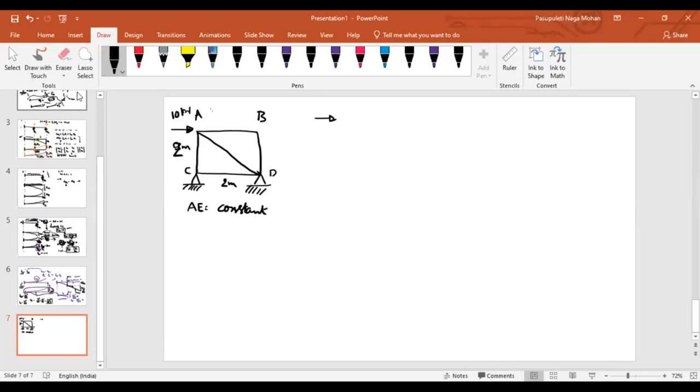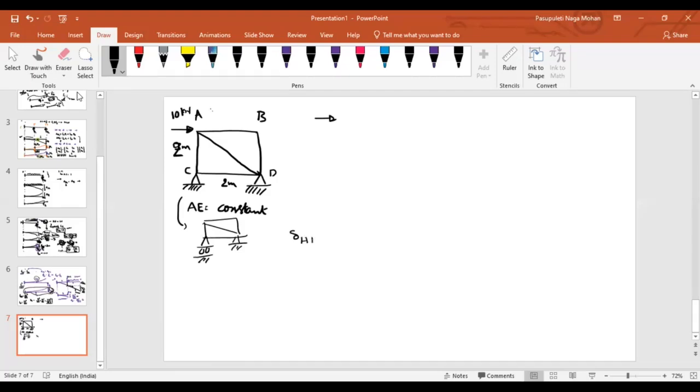After that, what are you going to find out? Deflection. What is the equation? I'm going to write it down. Deflection at that point. Let us say I'm considering horizontal deflection at D. How am I going to replace it? I'm going to replace it with this support. Now, what is the equation that I'm going to write?